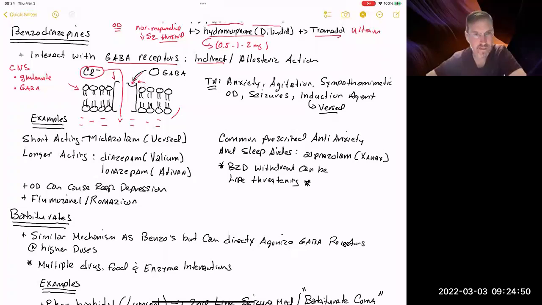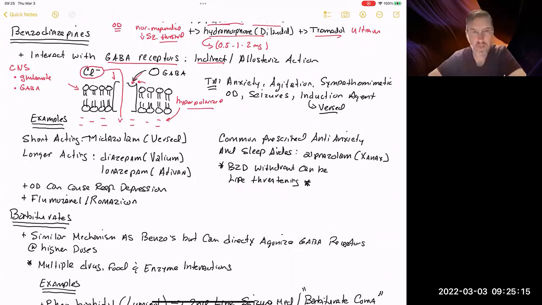It's polarized, but more chloride ions means the neuron becomes hyperpolarized, and it will be harder for that neuron to depolarize. In essence, you have suppressed the neuron activity.